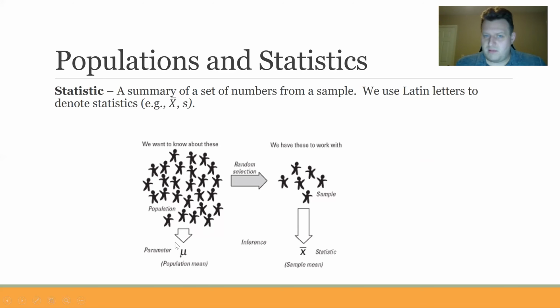We can't measure everybody from the population. It would take too much time. It's not feasible. So we use random selection to get a subset of these individuals. And then we measure these individuals on the characteristic that's of interest. And this is our statistic, maybe it's a sample mean.